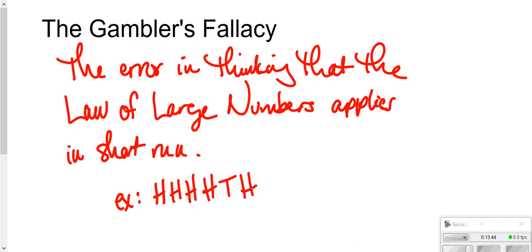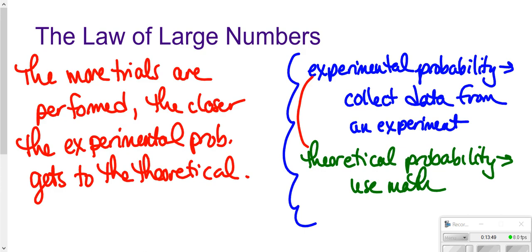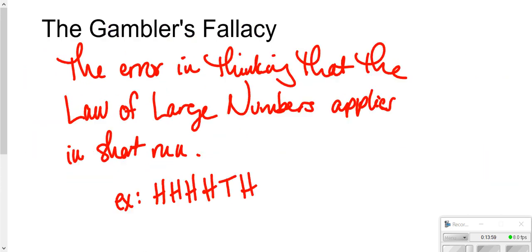This is only 6 coin flips. Go back to the law of large numbers. In the long run, we know that the coin flips are going to be about 50-50 if you do enough trials. So just doing 6 trials, that's not telling me anything. That doesn't mean the coin is strange in some way. The coin is a 50-50 coin, where it's 50% heads, 50% tails in the long run, not necessarily in the short run.